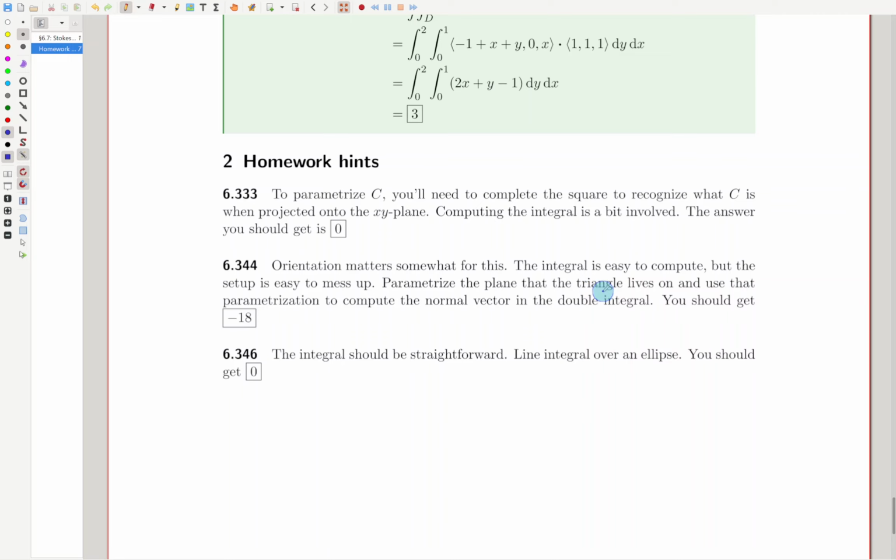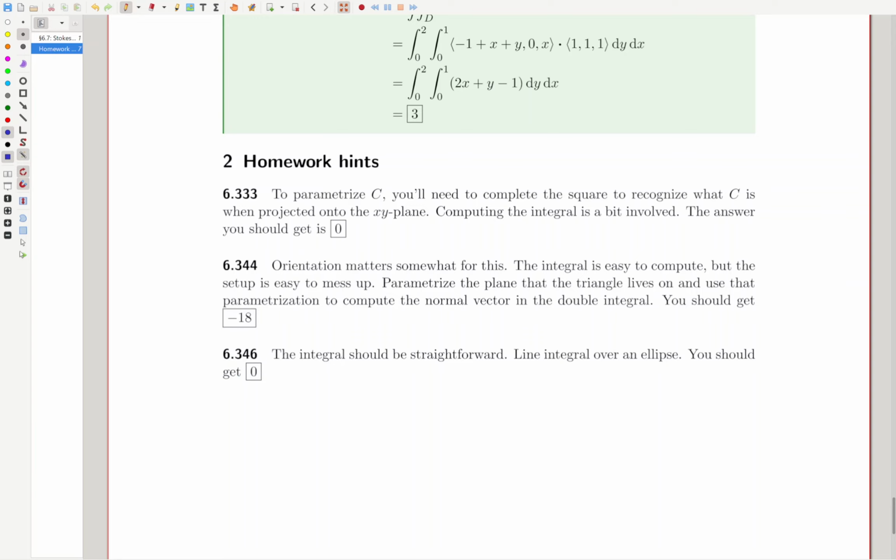Setting up the double integral is fine, but the trick lies in getting the parameterization so that you get the normal vector correctly. Half the time I didn't have the normal vector correctly, and so I wasn't getting the correct number. But once you have that normal vector inserted in, that converts your integral from a double integral over a surface to a double integral over the xy plane, and then everything works out nicely, and you can get this answer.